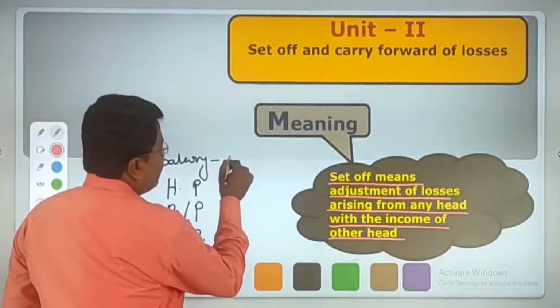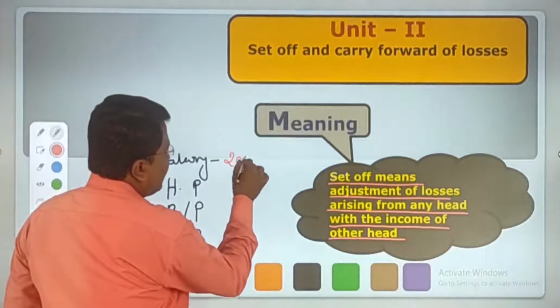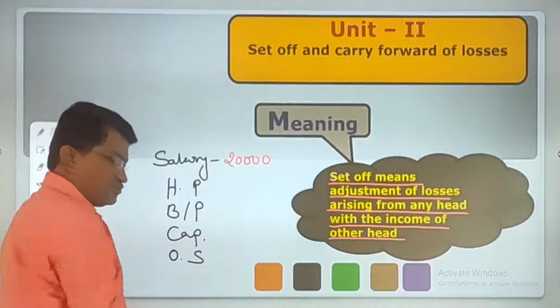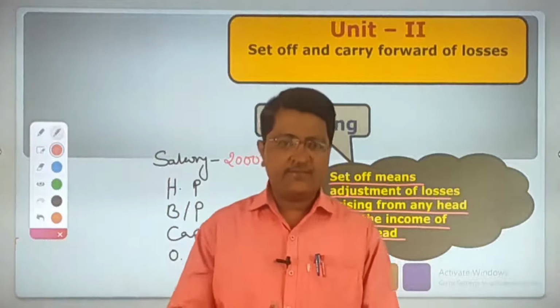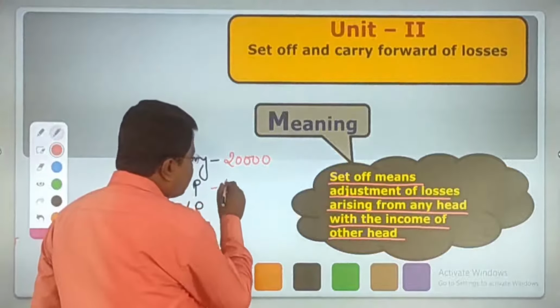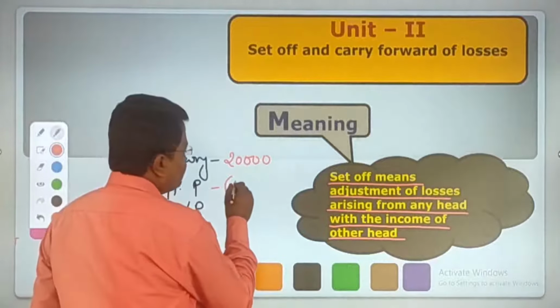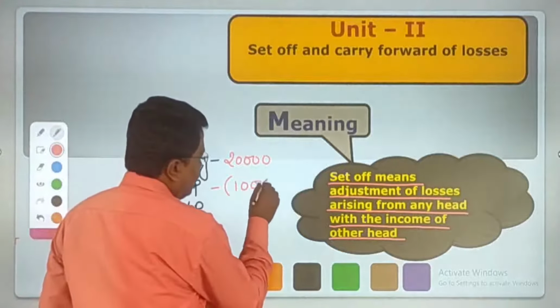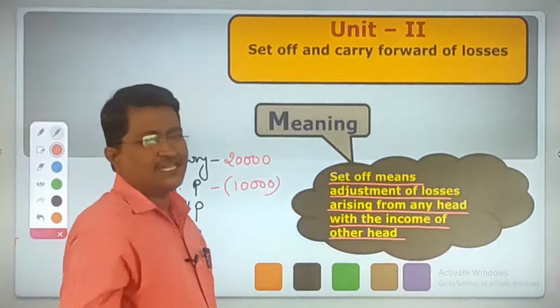Now I take income from salary as rupees 20,000 of an assessee. Next, loss from house property is rupees 10,000.